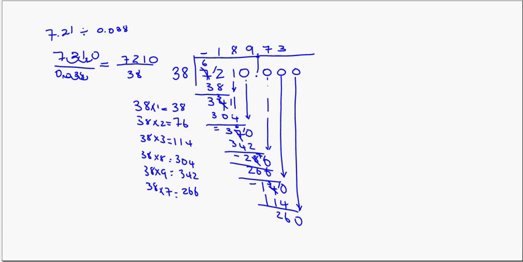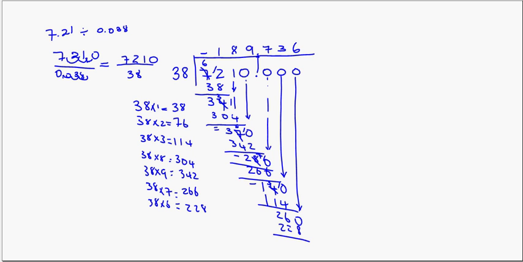I think that'll be 6. 6 multiplied by 38 is 228. And that's what you're going to use here, 228. Because it's 6. Right?